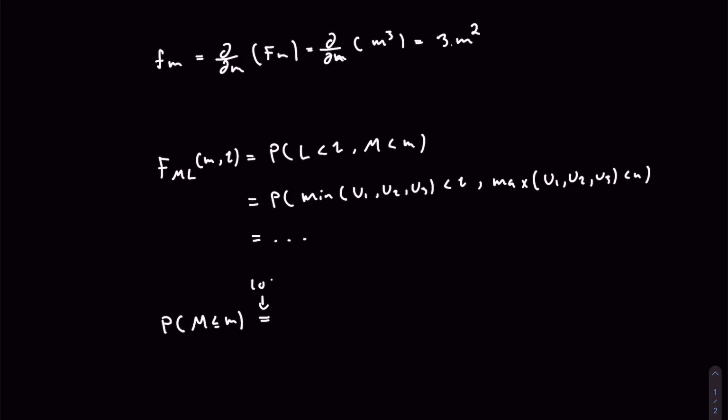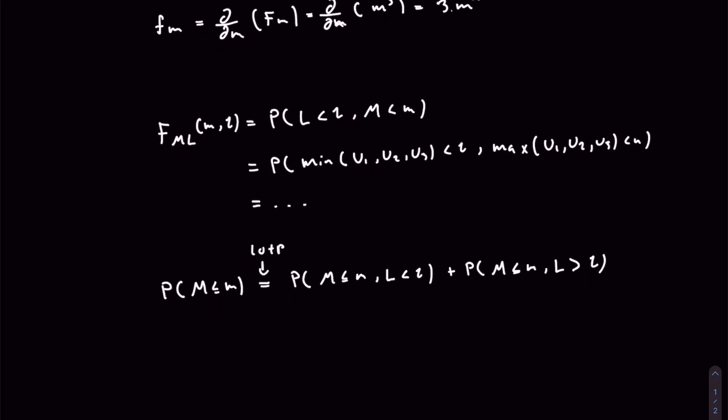Now, law of total probability is the same as capital M being less than little m for when L is less than little l, plus M less than m where L being larger than l.